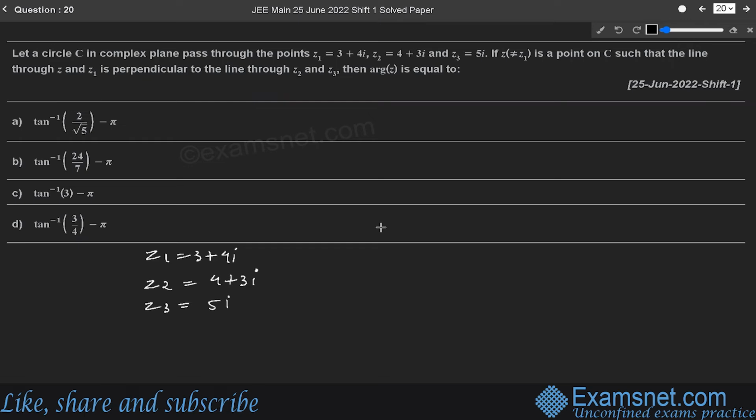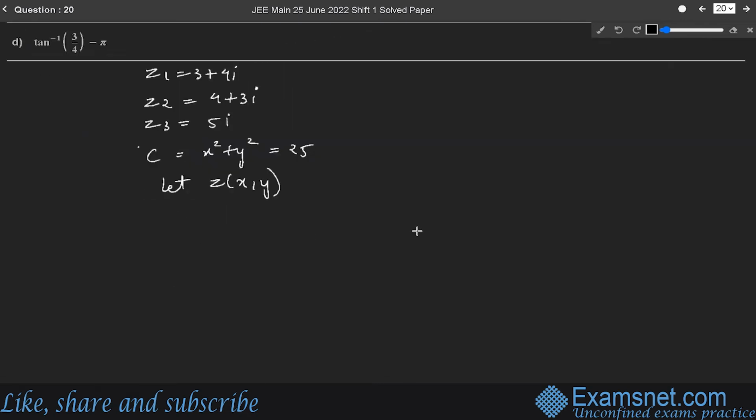So, it is clear that if Z1, Z2 and Z3 are 3 plus 4i, 4 plus 3i and 5i, then C will be x square plus y square is equal to 25. Now let the coordinates of Z be x comma y. Therefore, we can say that (y minus 4) divided by (x minus 3) into 2 upon minus 4 is equal to minus 1.